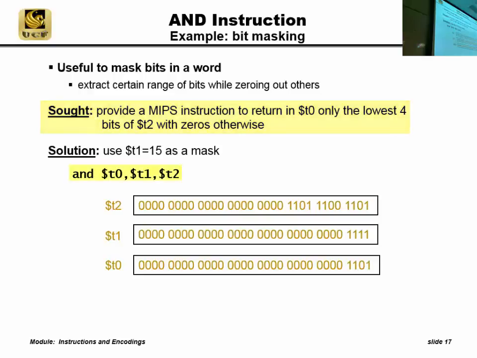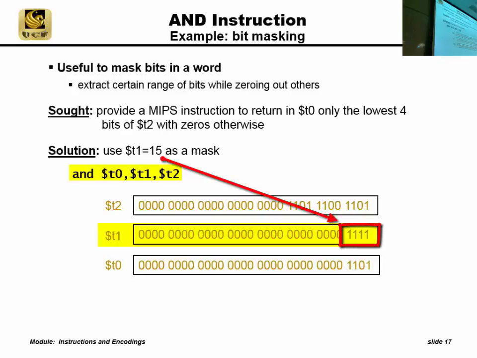So the semantics of this instruction says, do what? Take T1, which is this string, which is a mask, 15, written as binary. Anytime we don't have a base, it means decimal, right? So 15 is decimal. This is 15 decimal written as binary in 32 bits.